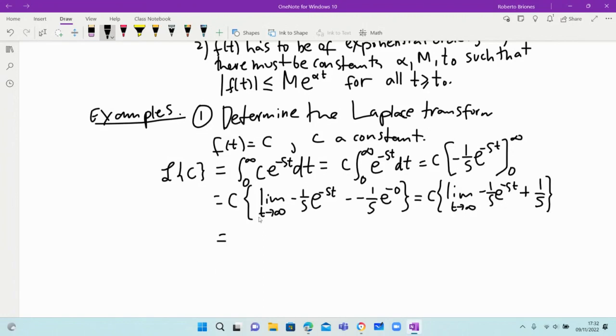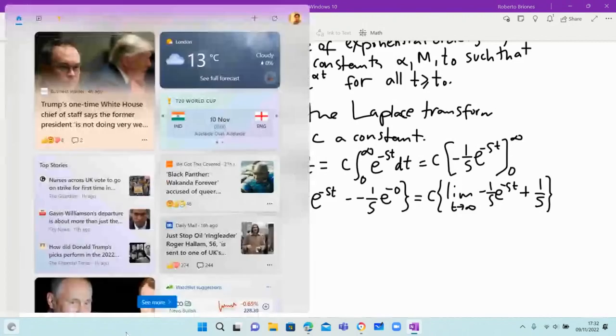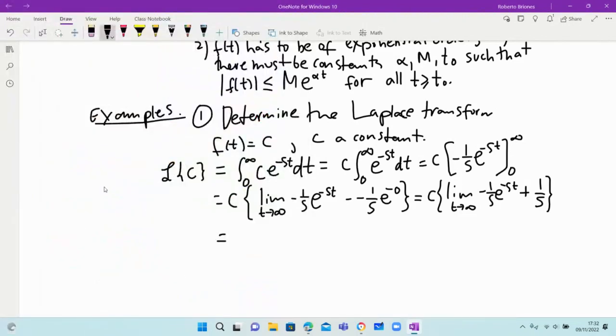And if you will notice, the term negative 1 over s e to the negative st is just equal to negative 1 over s times e to the st.